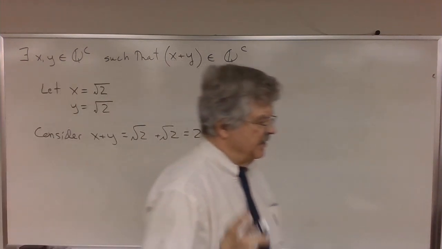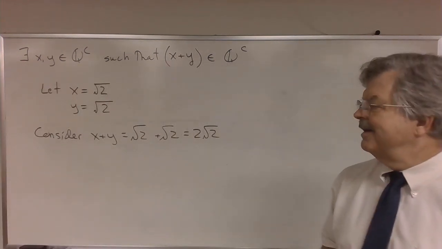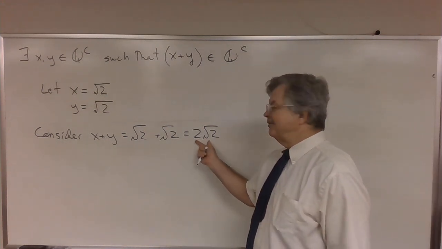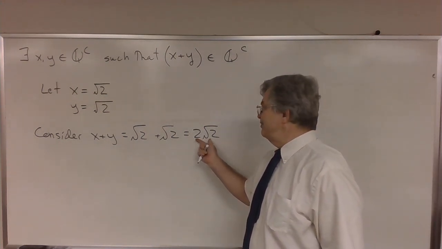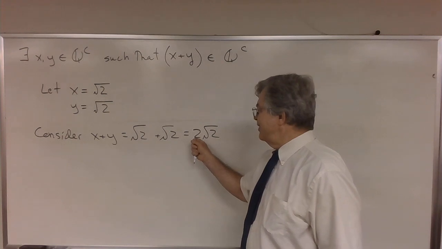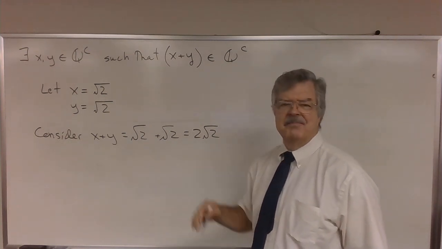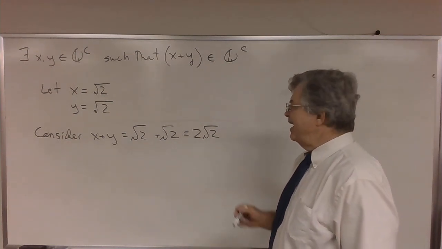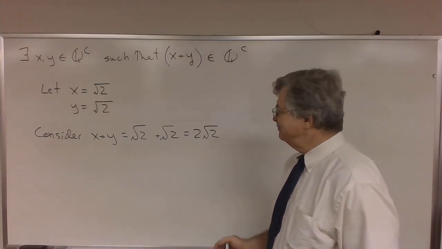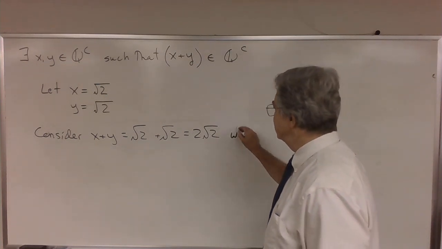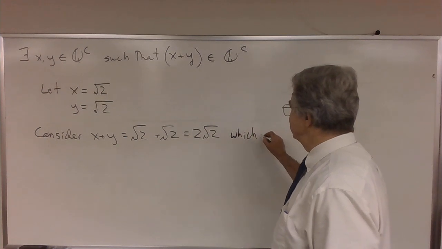Now, for homework, you're supposed to show, prove, or disprove that the product of a rational number, what the heck. I'll let this one out of the bag, just for the sake of brevity.